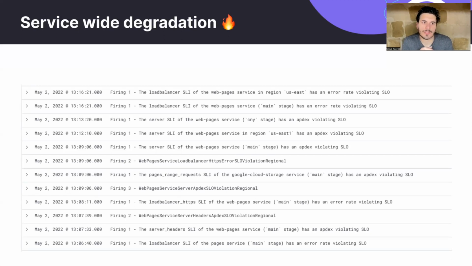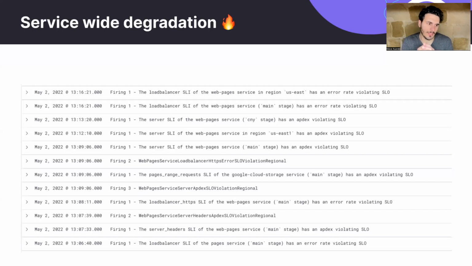One of them is when there is a service-wide degradation. As I mentioned, we have SLIs for regional specific alert SLIs and zonals and also components. So if there's a whole service-wide degradation, we see multiple alerts firing in one go.